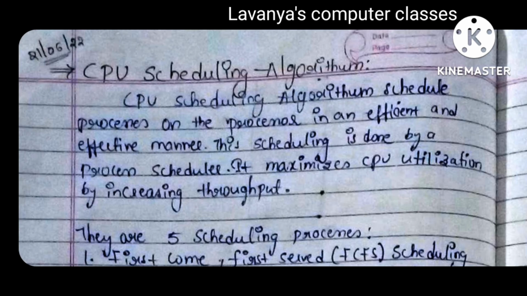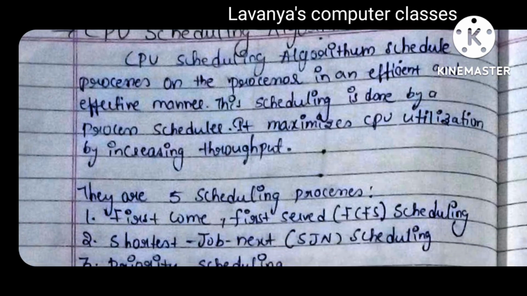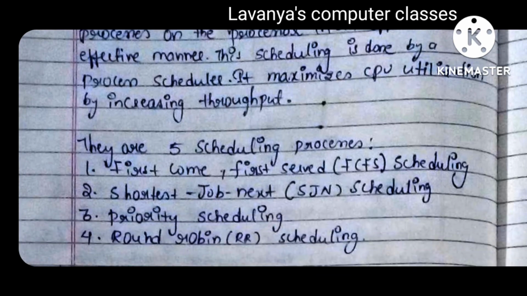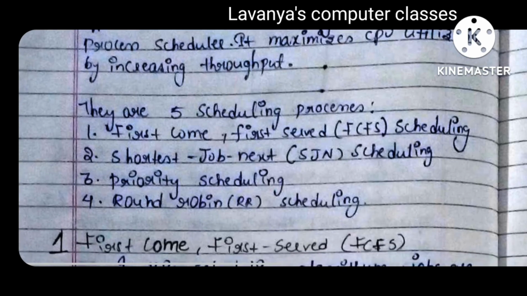Now CPU scheduling algorithm, very important question. There are 5 different types of scheduling algorithms. Learn each and every algorithm: FCFS, first come first serve, shortest job first, shortest job next, priority scheduling, round robin scheduling algorithms.